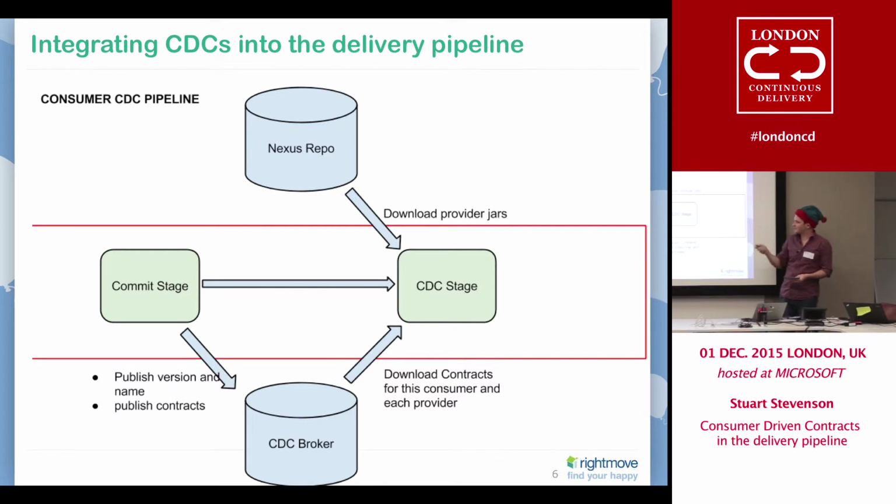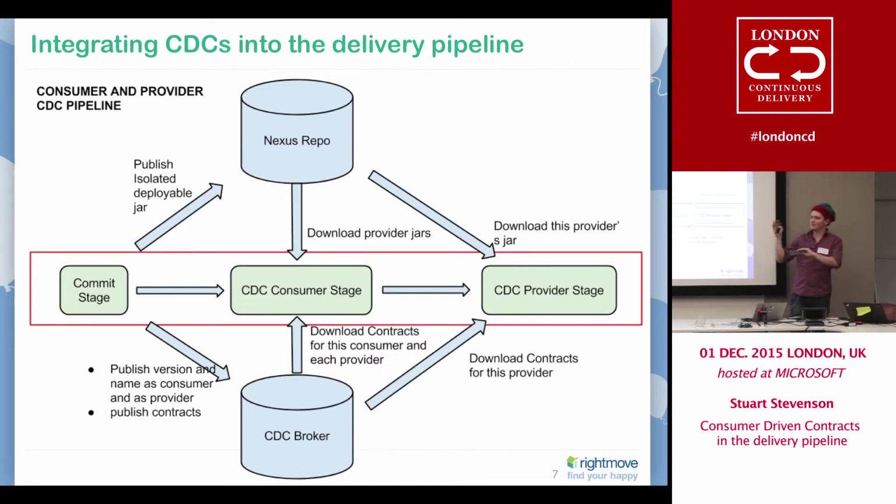So it's a little bit more complicated. Notice it's slightly different. By doing this process, we realized that if you have a service that is a consumer and a provider, they're two mutually exclusive workflows, which made life easy. It helped us realize we weren't going to have to write any custom logic or custom workflows into our pipeline, so they could just chop and change and run in whatever order they wanted to.